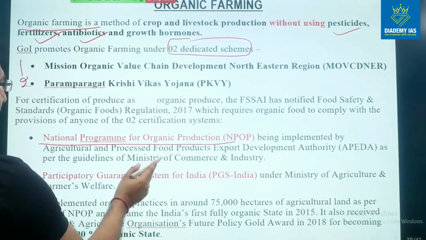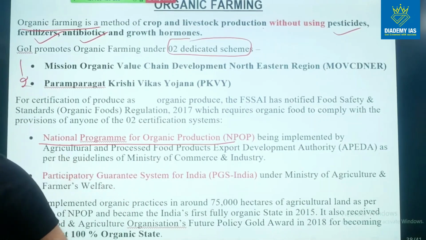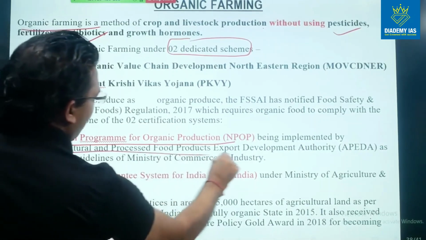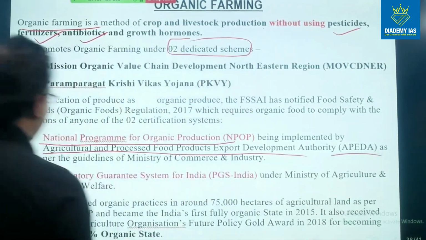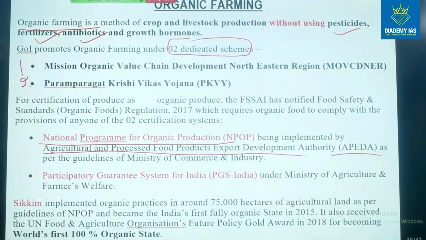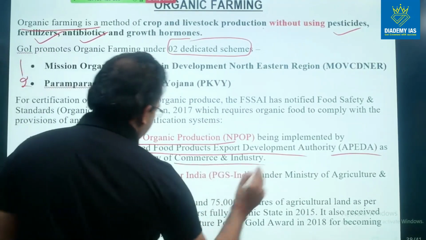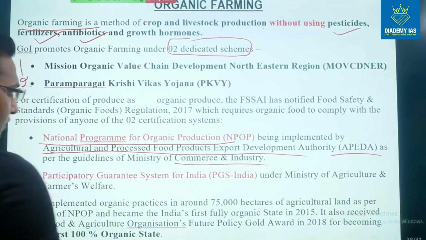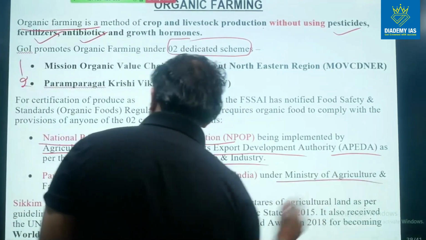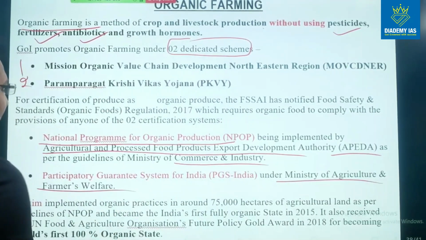This is being implemented by the Agricultural and Processed Food Products Export Development Authority, APEDA, as per the guideline of Ministry of Commerce and Industry. The participatory guarantee system for India is under the Ministry of Agriculture and Farmers Welfare, right?